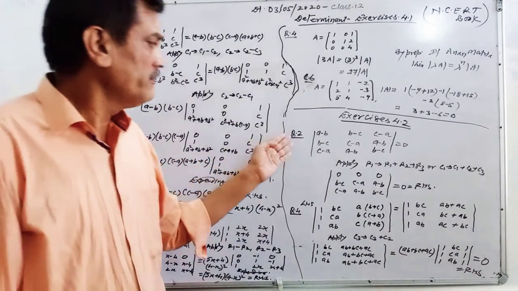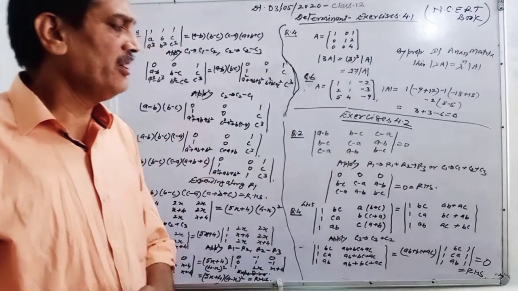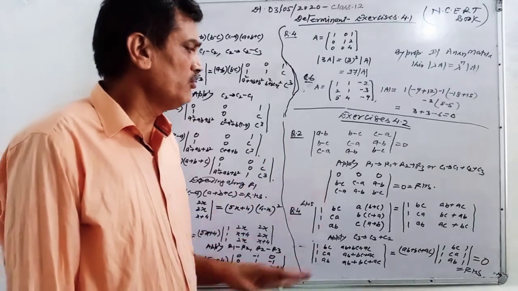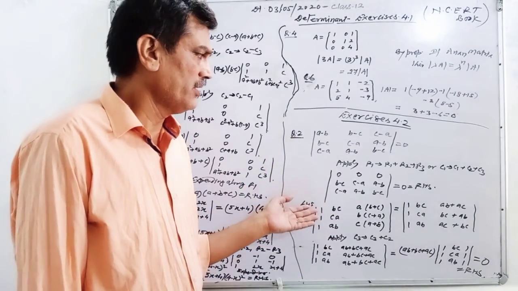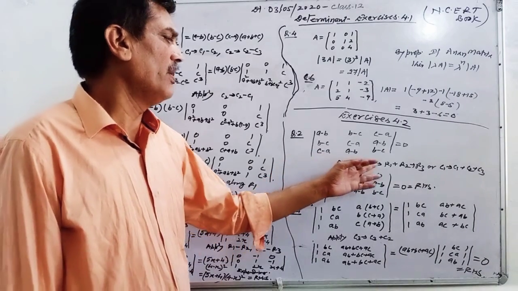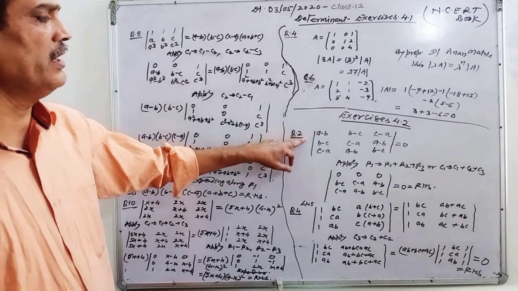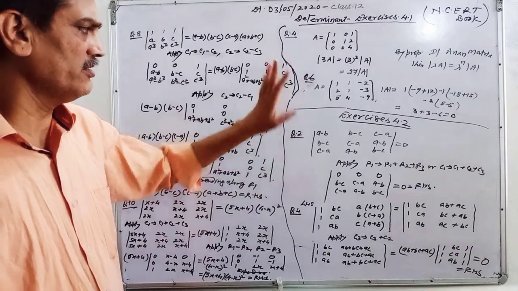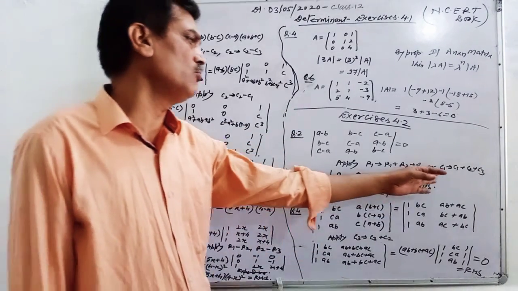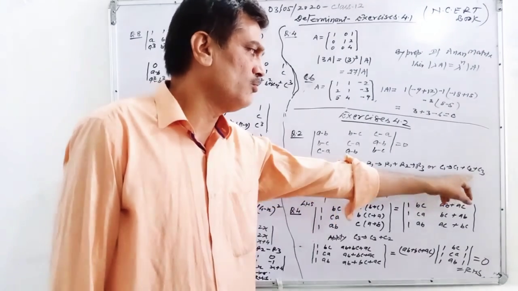So here, applying R1, why? Because you know row to row, column to column can be added or subtracted. There will be no effect on the given determinant. So apply R1 tends to R1 plus R2 plus R3, means in R1 adding the corresponding elements of R2 and R3. You can also apply C1 tends to C1 plus C2 plus C3.